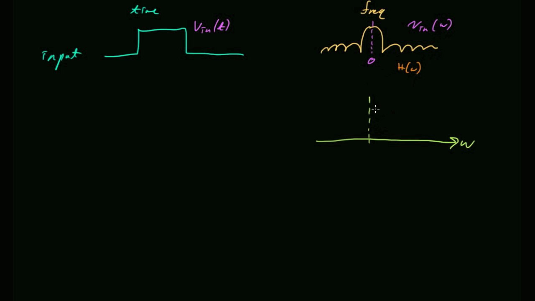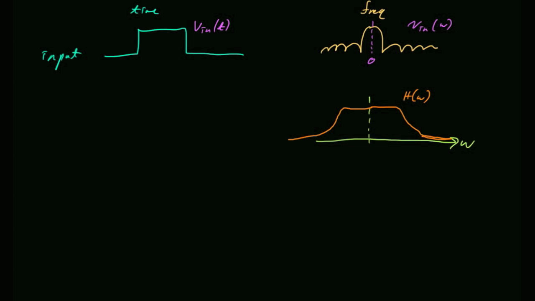If I wanted to, I could also draw the negative frequencies. It's still a low-pass filter. I'm basically just passing the low frequencies and rejecting the high ones. So don't be distracted by the fact that I also drew the negative frequencies. You know that's going to be a mirror image.